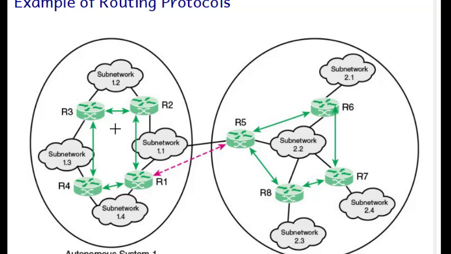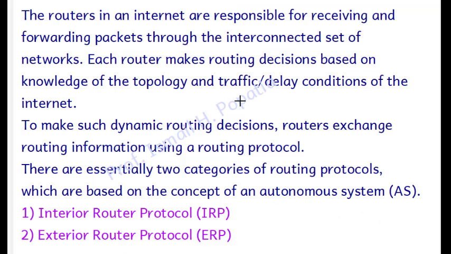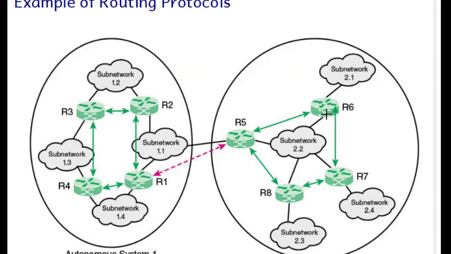OSPF, open shortest path first, is one of the interior routing protocols. Similarly, the other autonomous system also has an interior routing protocol, maybe OSPF, by which each router shares information with all the other routers inside that autonomous system and gets the information of the entire network. Then there is a router at the edge of this autonomous system.